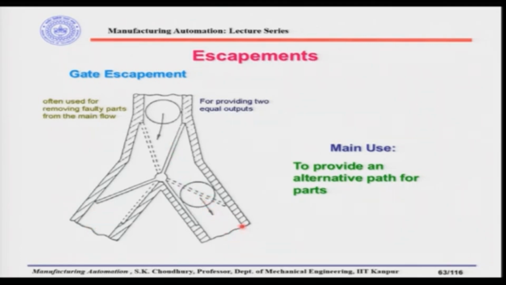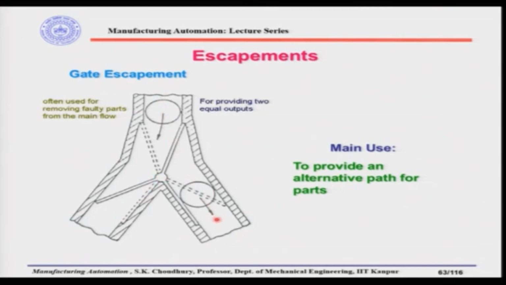Now, this design can also be used by controlling this with a device or with a sensor. For example, suppose we want the faulty parts to be taken out. Okay. So, whenever there is a faulty part, in that case the sensor will sense the signal that there is a faulty part here, and suppose we want the faulty part to come to a particular side.